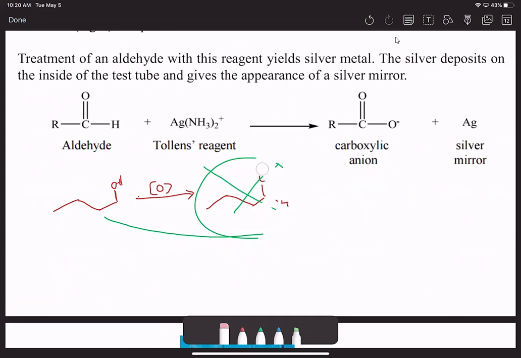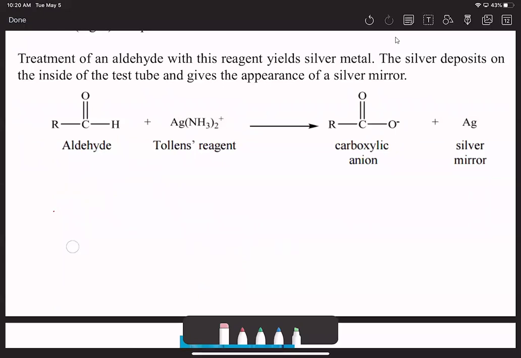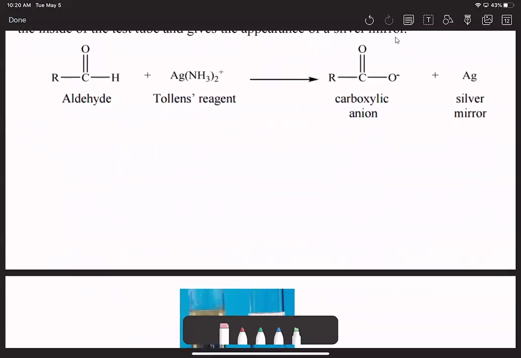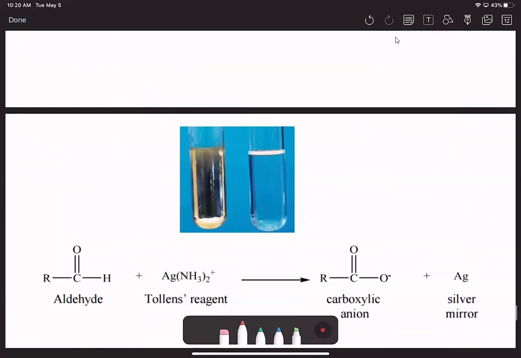Let me put some actual compounds in here. And I think we might even have one. So here's Tollens reagent up here. Tollens reagent is a silver and ammonia compound that we make, and it's a very clear solution.